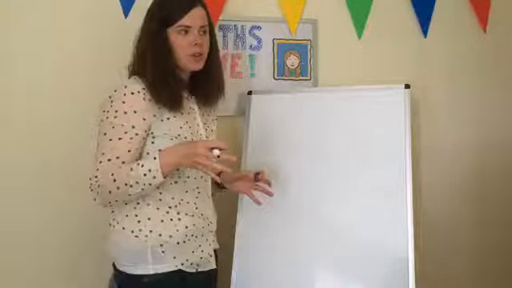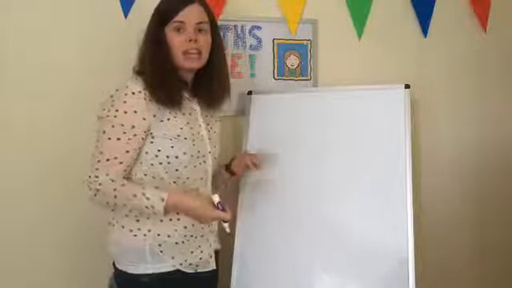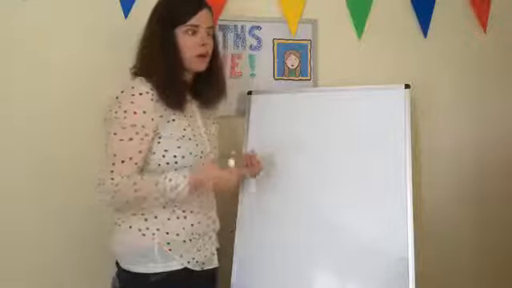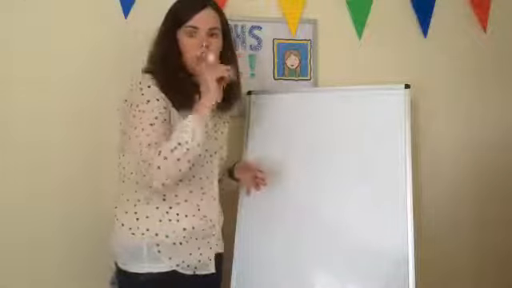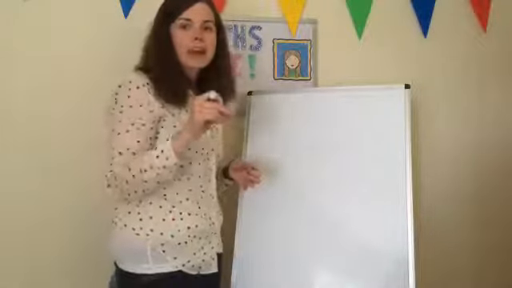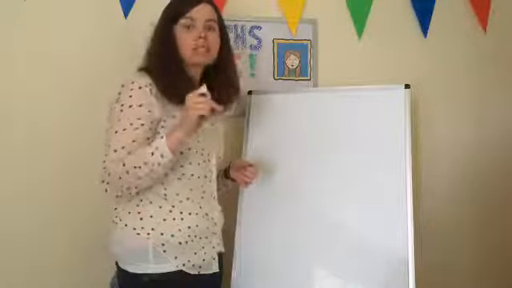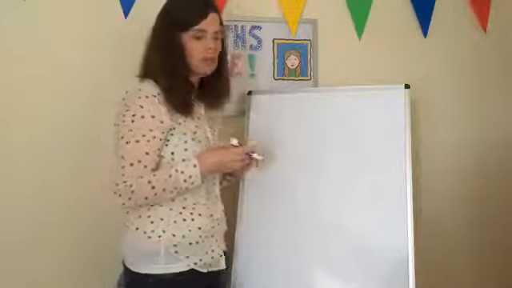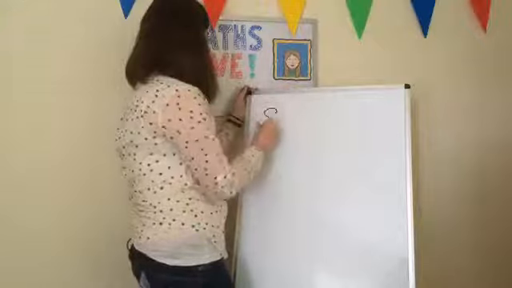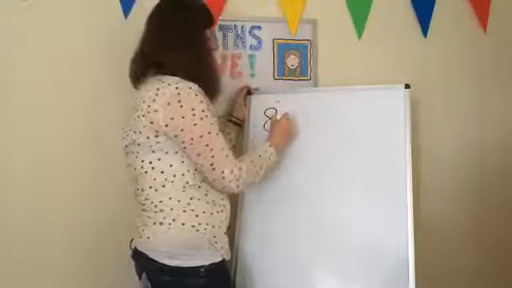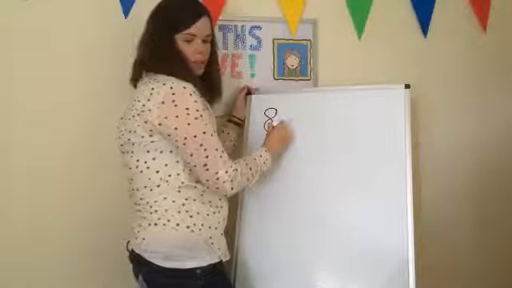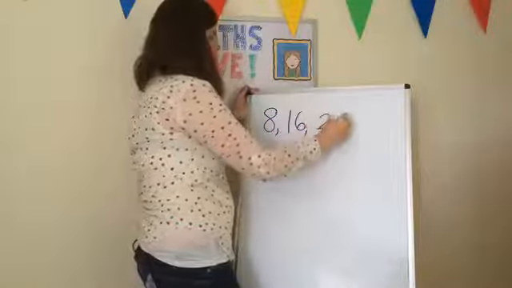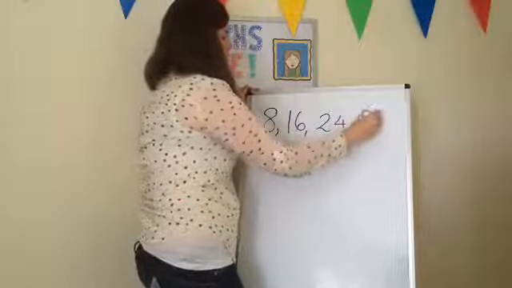Right, challenge now. So I'm going to give you some number sequences, and I'd like you to try and work out the formula to describe the number sequence. So remember, if I write the numbers, work out the gap, whatever the gap is the number you're timesing by, and check to see if you need to add or subtract anything on. So, here you go. 8, 16, 24, and 32.